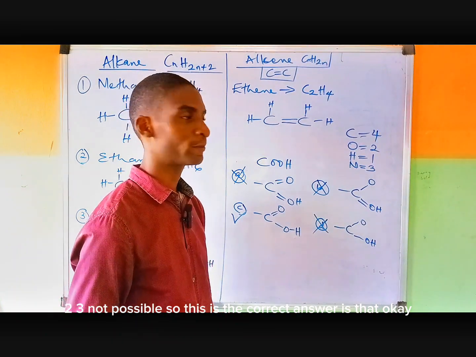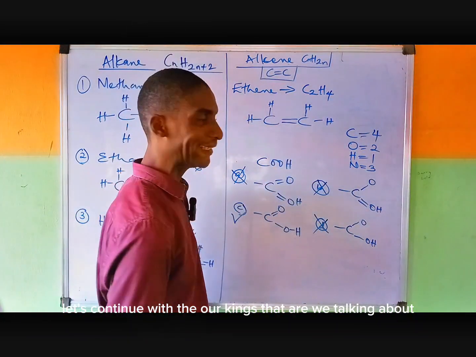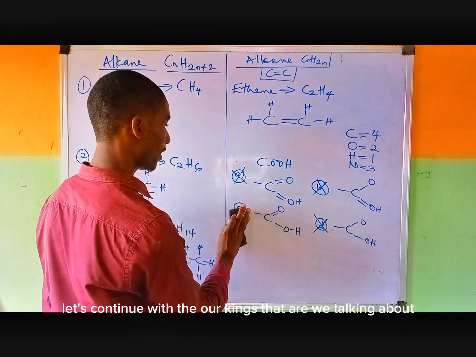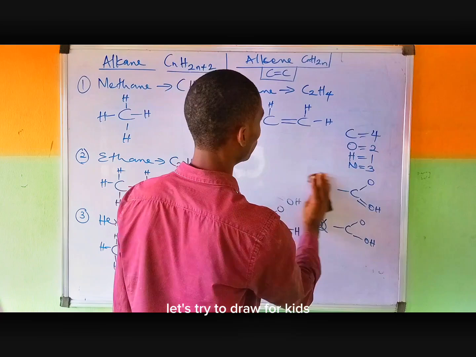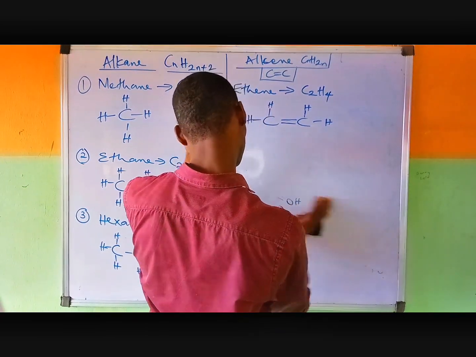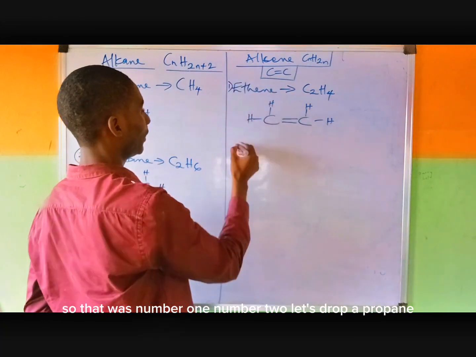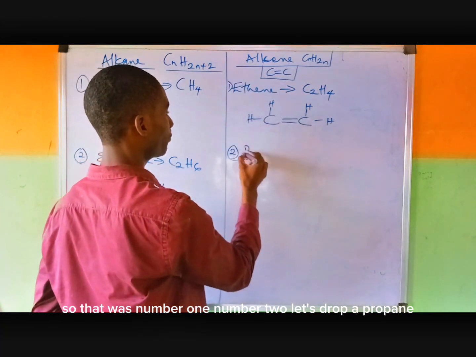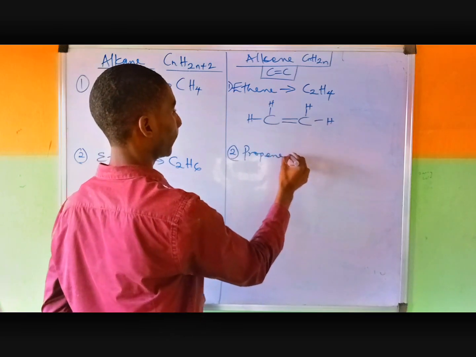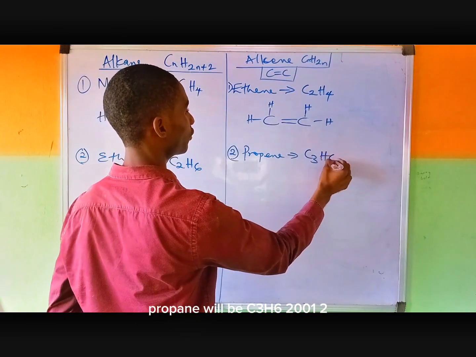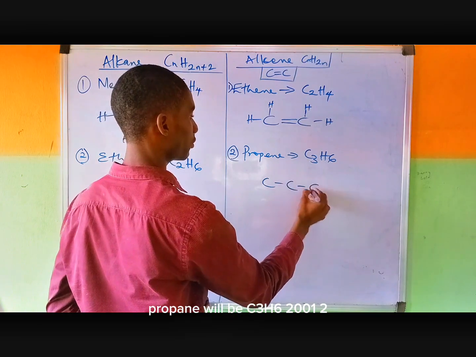Is that okay? Let's continue with the alkenes that we're talking about. Let's try to draw for alkenes. So that's number 1. Number 2, let's draw for propene. Propene will be C3H6. So that will be 1, 2, 3.